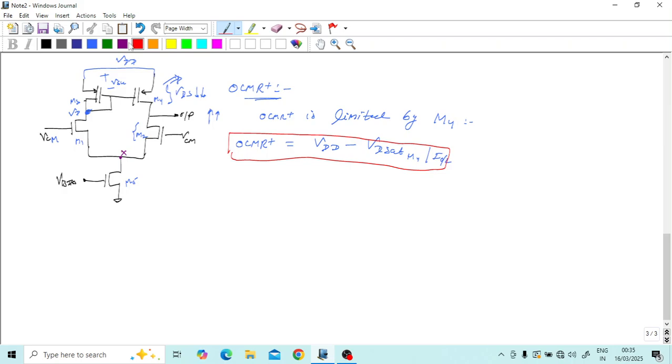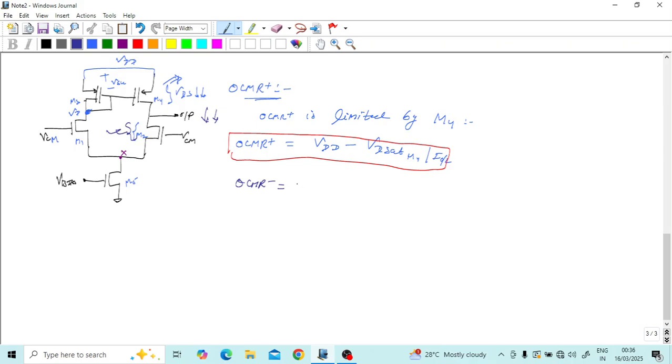Now let's see what the OCMR minus is. When we want to decrease this voltage, what will happen? The VDS of this will be affected.